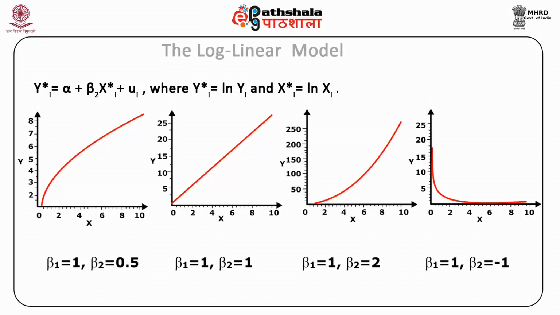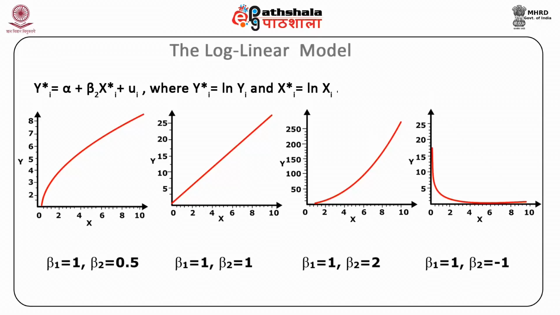The OLS estimators alpha hat and beta 2 hat obtained will be best linear unbiased estimators of alpha and beta 2 respectively. The slope coefficient of the log-log model, beta 2, measures the elasticity of y with respect to x, that is, the percentage change in y for a small percentage change in x.